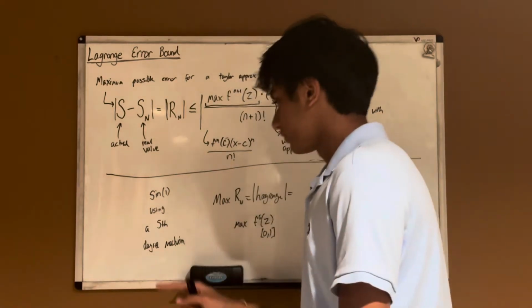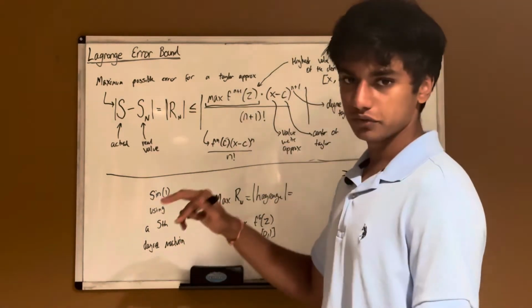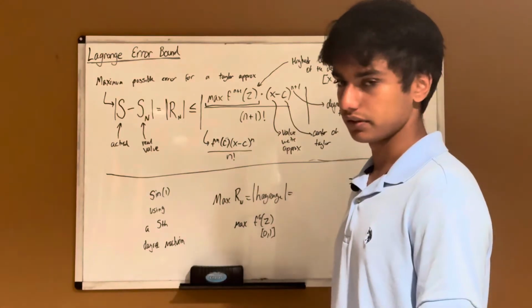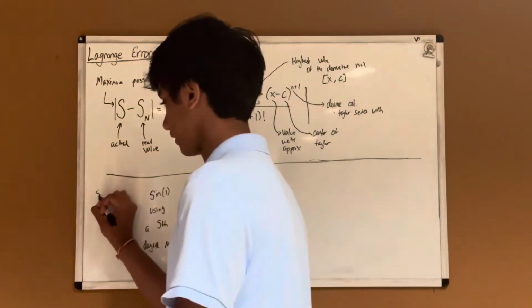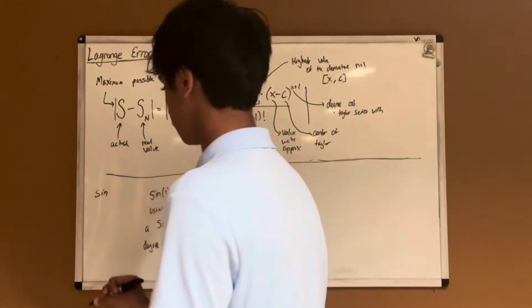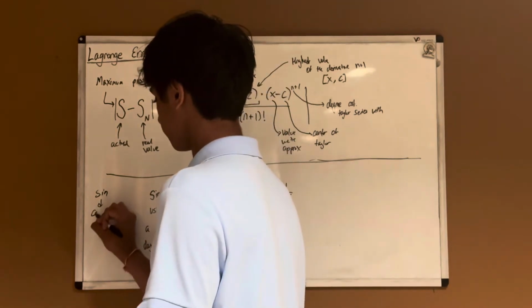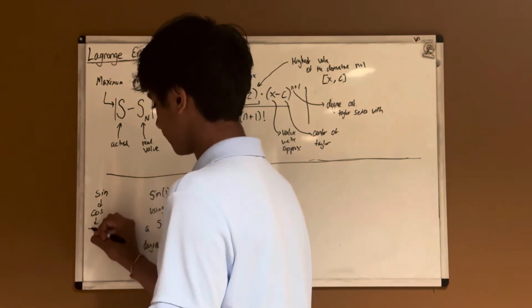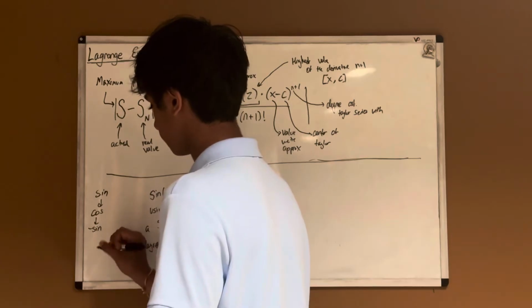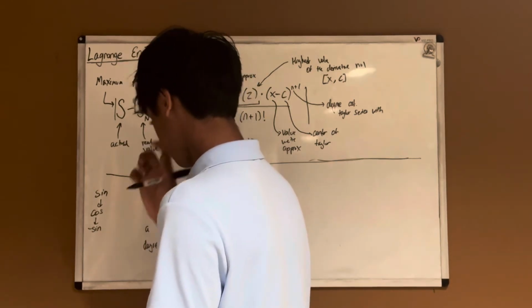With sine, it becomes cosine, negative sine, negative cosine, and it cycles. So we can write it on the side. Sine is our 0th derivative. Cosine is the first derivative. Then we get negative sine, second derivative.